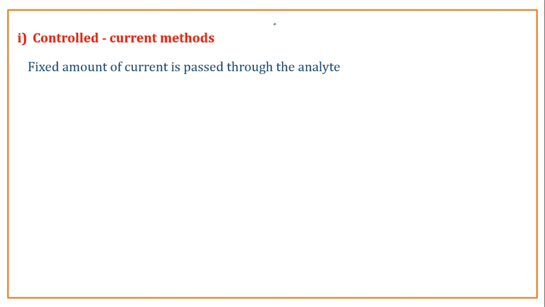So here this is an electrochemical cell with two electrodes, one cathode and another anode. This is called the analyte, or you can say the electrolyte, according to electrochemistry. Some meter is attached to the cathode and anode.